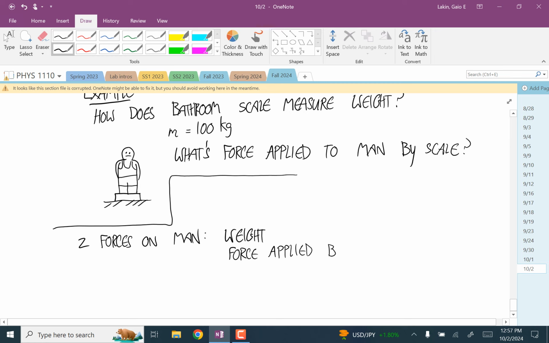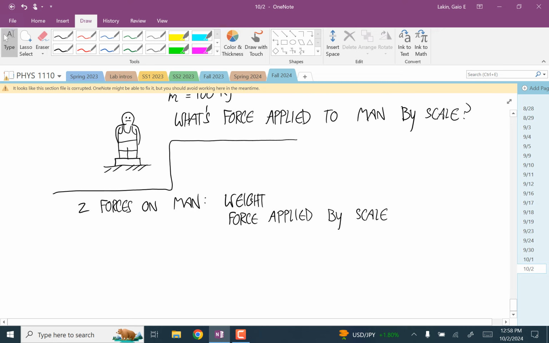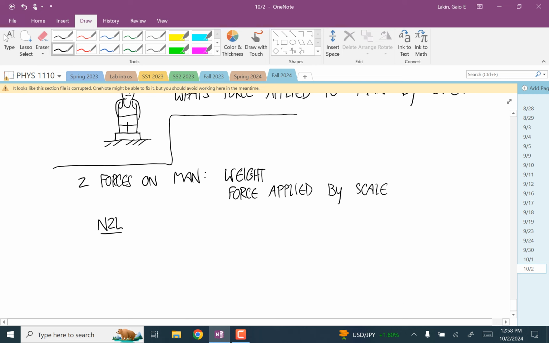Okay, so let's put these into Newton's second law and see if we can calculate the force that the scale applies to the man, okay? So Newton's second law says, well, there's a weight force, and we know what that is now.